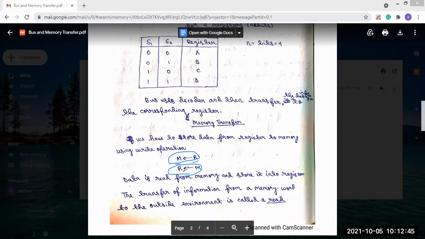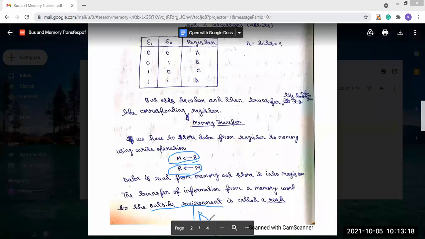Now, in good words, we can say that the transfer of information from a memory word to the outside environment, and here the outside environment means the register, is called the read operation.